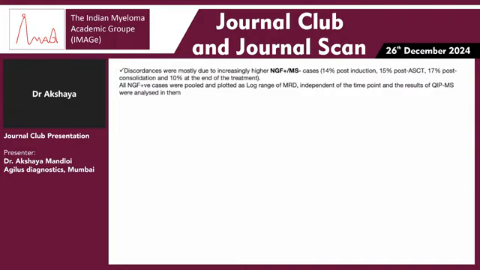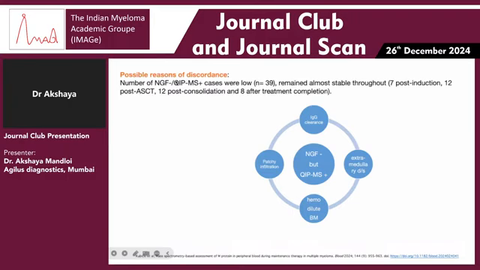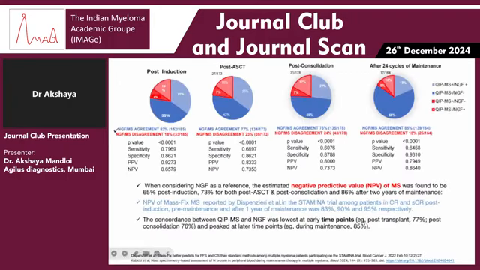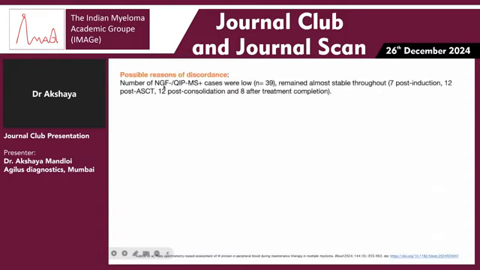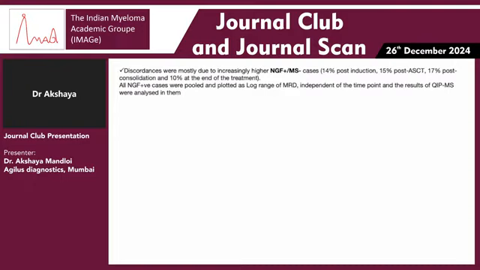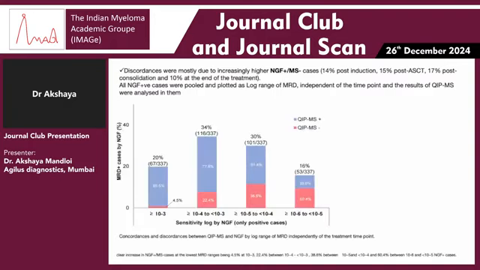So discordance were mostly due to increasing. So here you can see all the discordance are mostly because flow is coming positive, NGF is positive, and mass spectrometry is negative. So all the NGF positive cases were pooled and plotted as a log range of MRD independent of the time point, and the result of mass spectrometry was analyzed at them.